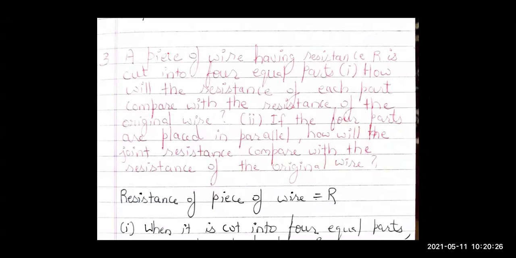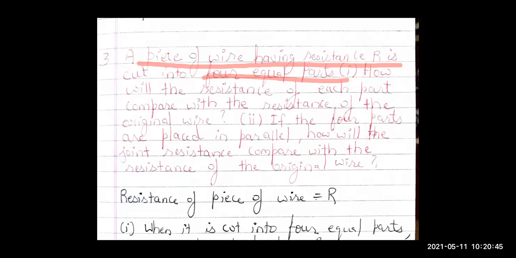So here we are having a piece of wire having resistance R is cut into 4 equal parts. So as you are cutting them into 4 equal parts, means you are having 4 pieces of wire of equal length.